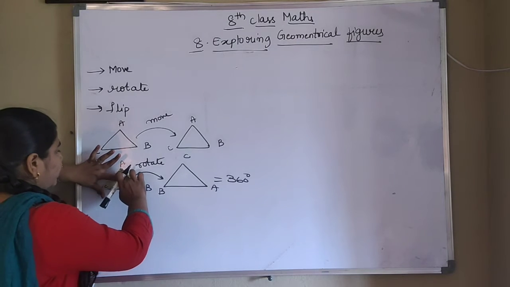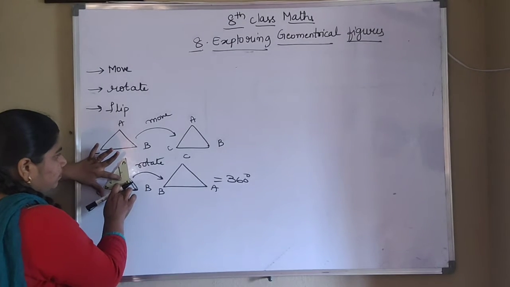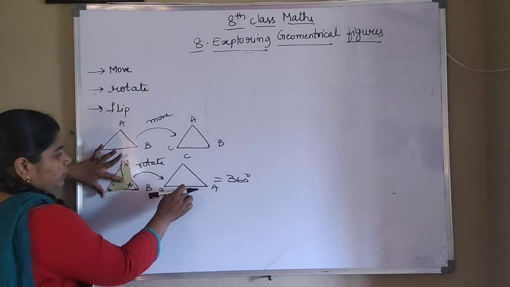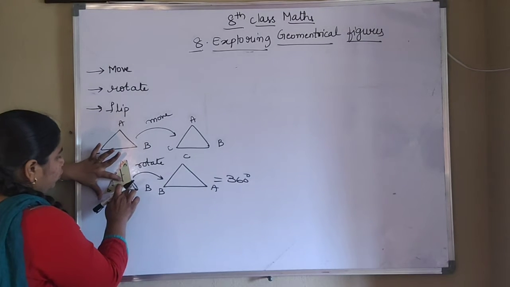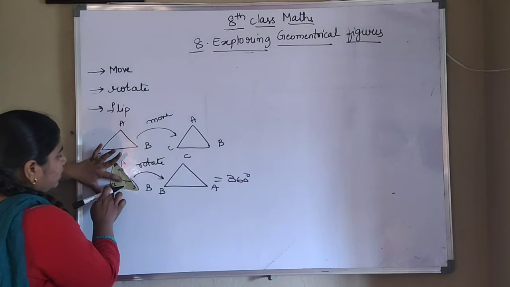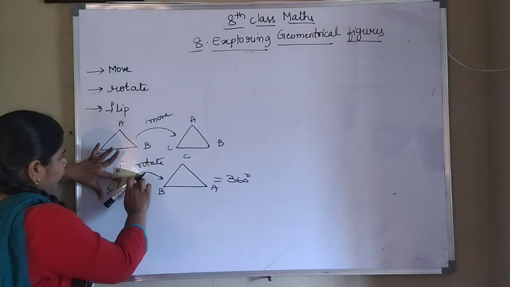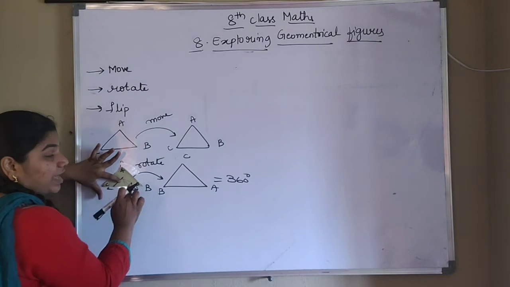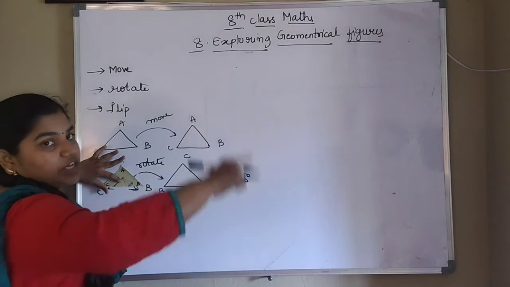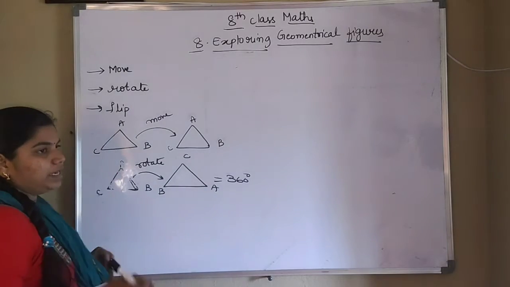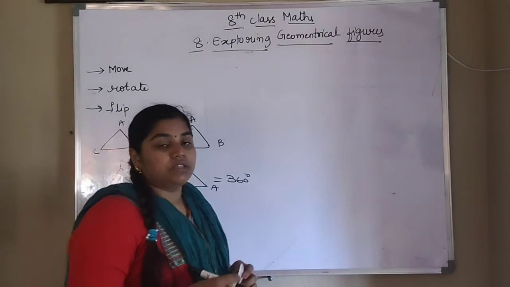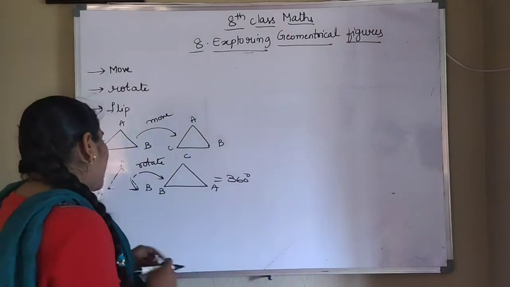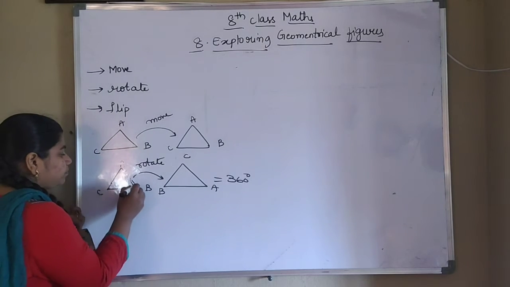The first rotation I have drawn here. In the next rotation A came here. Again the next rotation came to the same place. So any triangle, any figure can be rotated 360 degrees. This is called rotate.